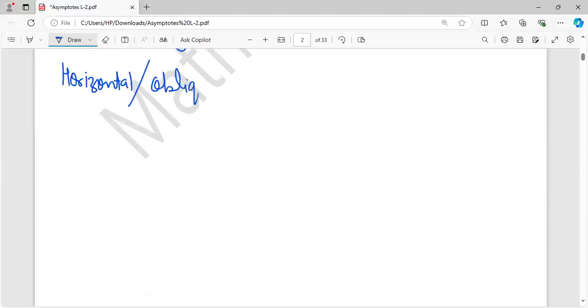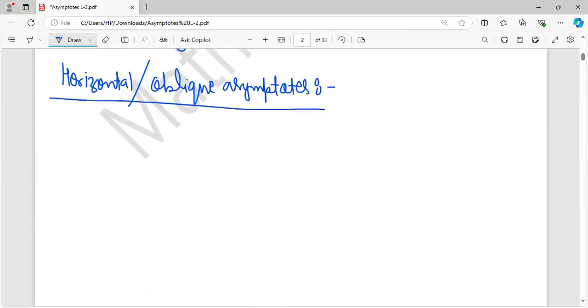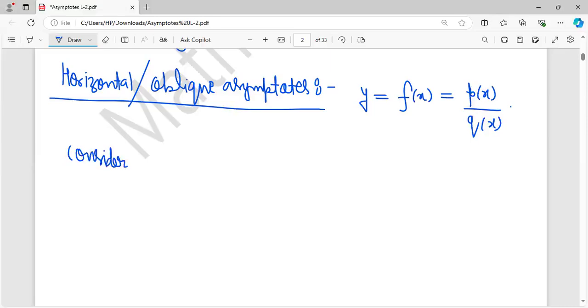We are finding horizontal and oblique asymptotes of this function. How? Consider y = ax + b.